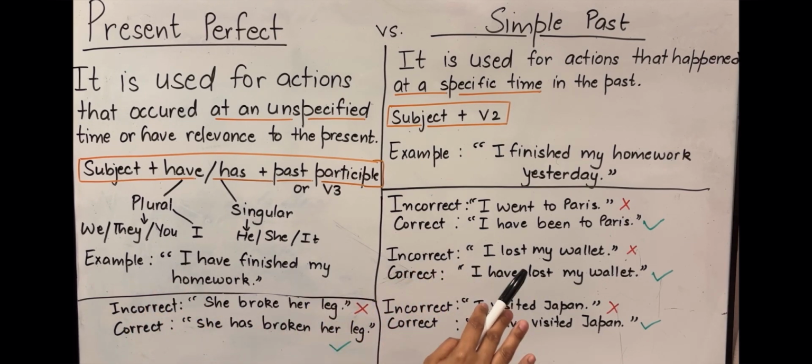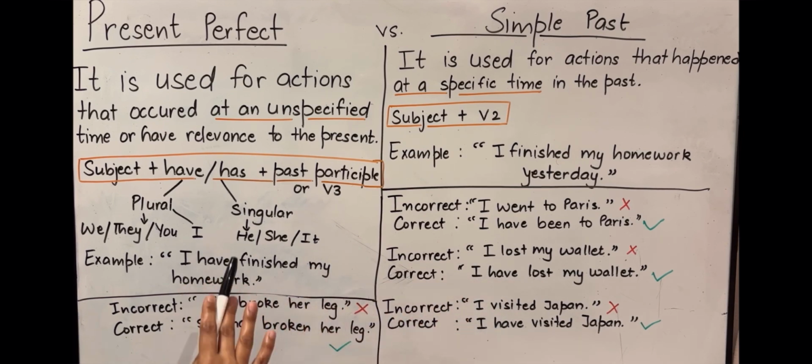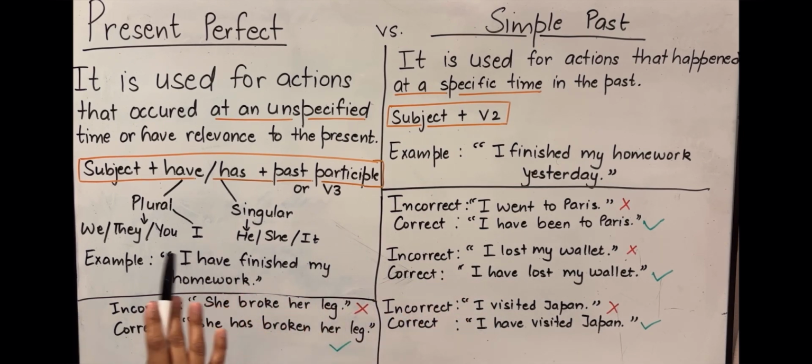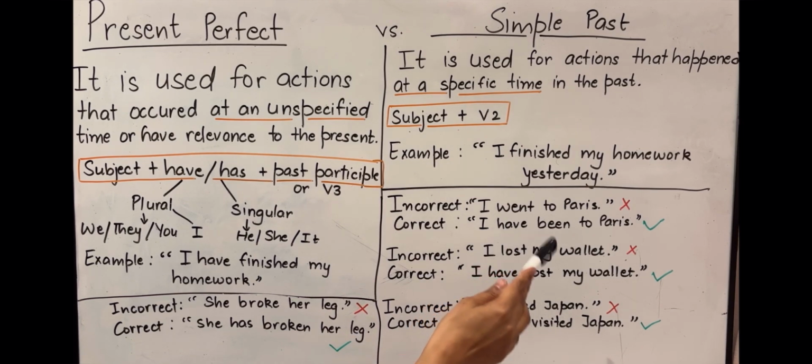In simple past, the time is often stated or understood from the context. For example, we'll say, I went to Paris last year. When we say last year, the time is specific. I have been to Paris. In this one, the time is not specified, the experience is specified. So using the simple past when the time isn't specified or important, the incorrect would be I went to Paris.